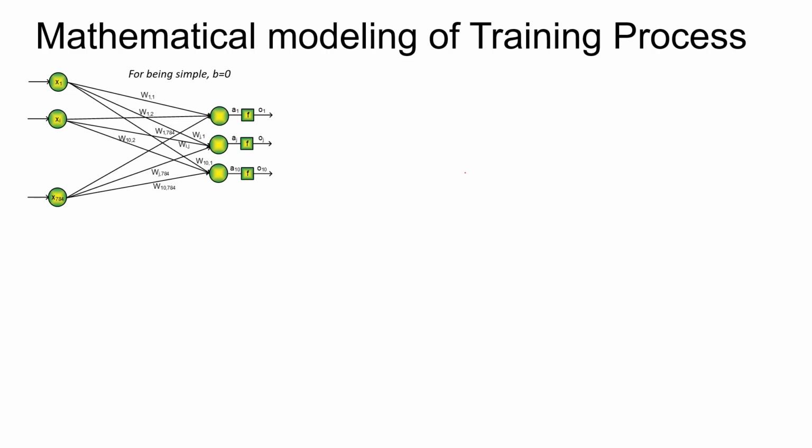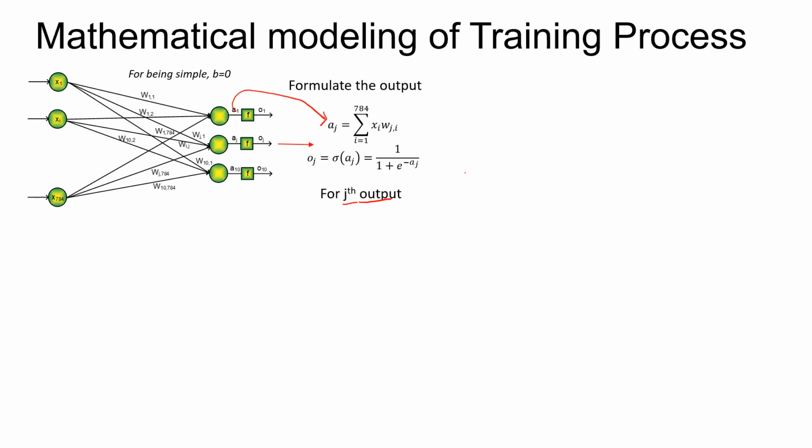We construct the mathematical model by formulating the equation for each process step by step. First, we calculate the output for each neuron. Here, we calculate the output for neuron j. We obtain Aj, equal to the summation of the inputs multiplied by the synaptic weights.